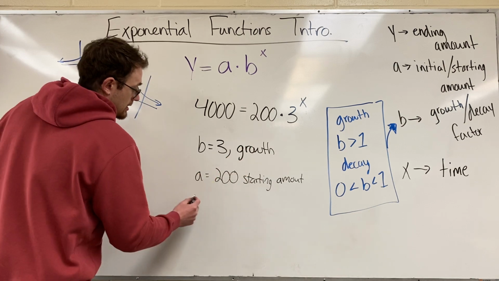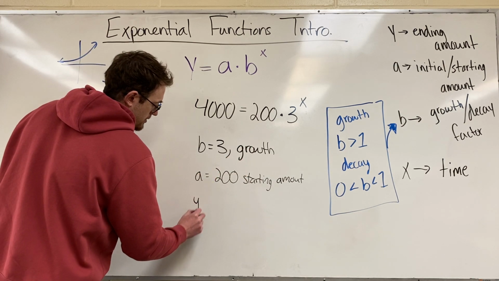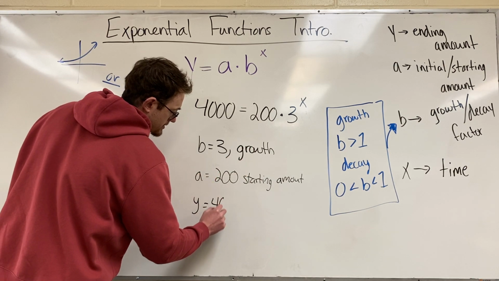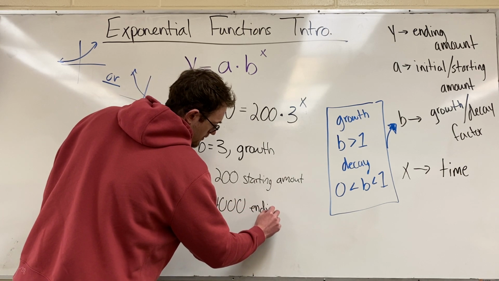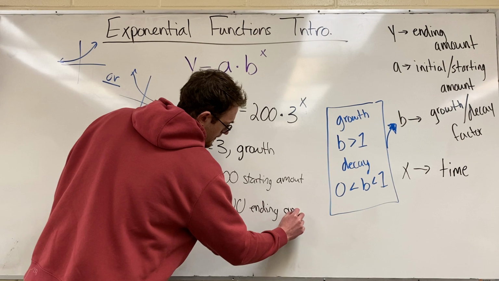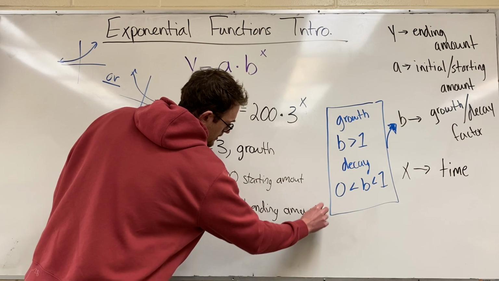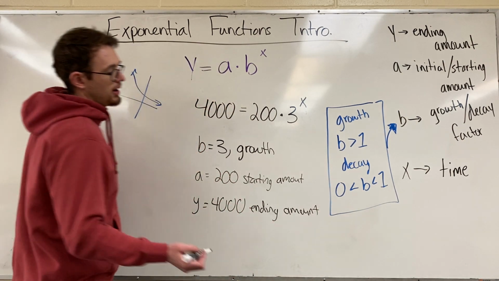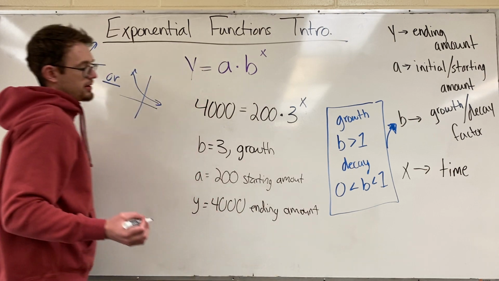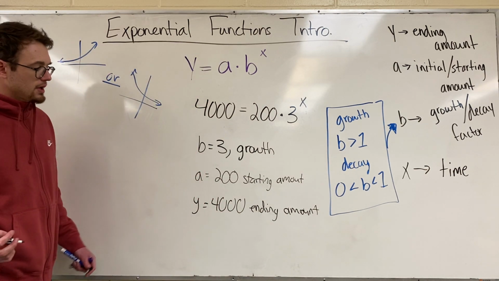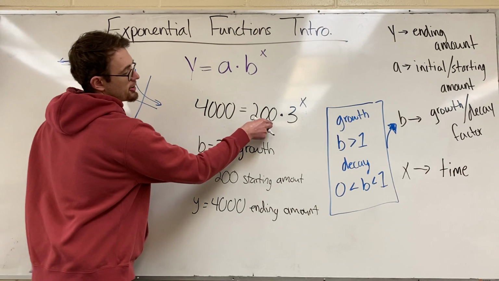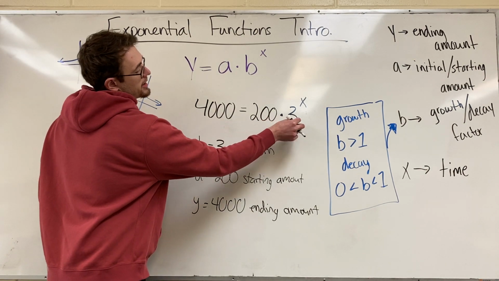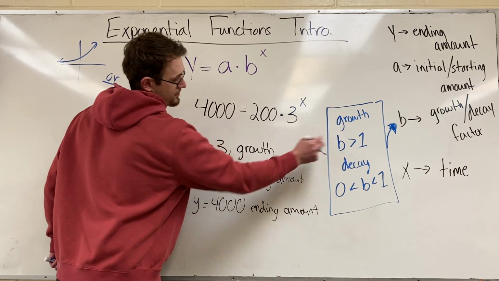We don't know. But I do know that y equals 4,000, the ending amount. Forgive my poor grammar and spelling down there. All right, so 4,000 ending amount. We have A, which is my starting amount. I have 3, which is my growth factor because it's bigger than 1.